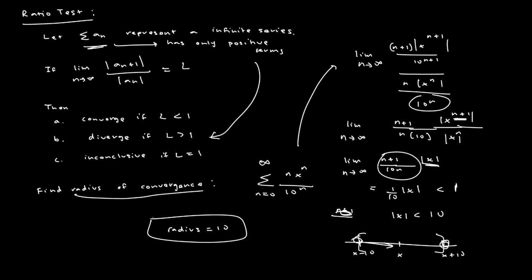Finally, there are other methods to find convergence, and one such way is the idea of a telescoping series. So let's say we're told to find the sum from n equals 1 to infinity of 1 over n times (n plus 1).